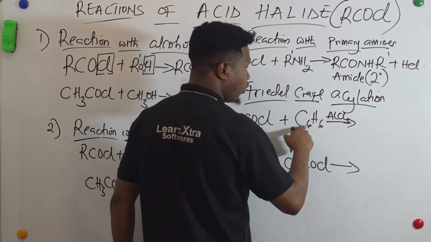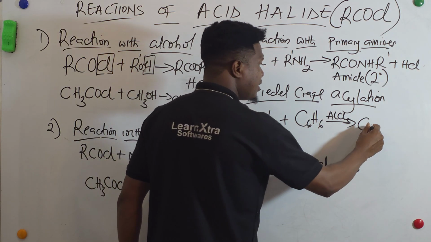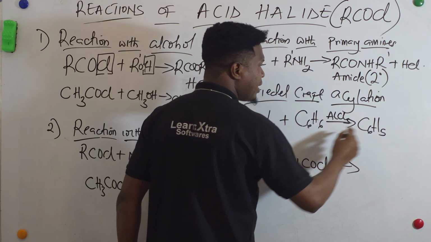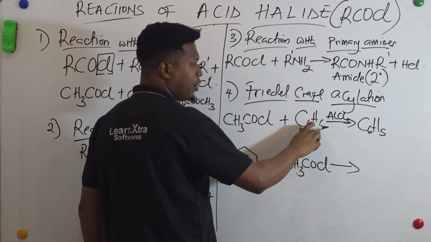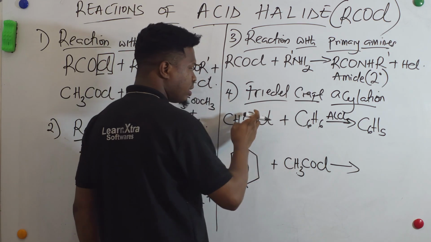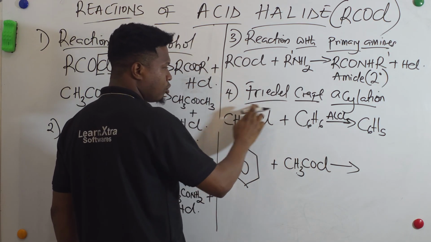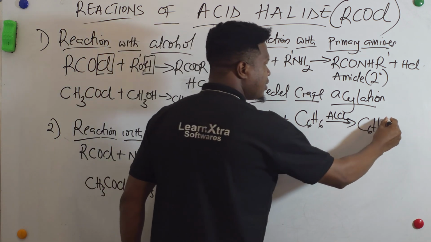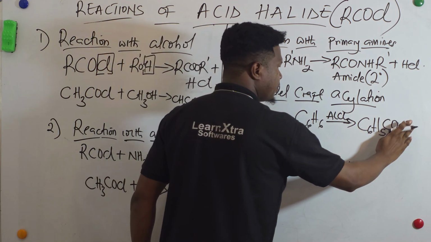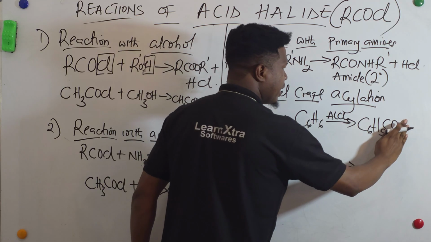So you're going to have C6H5. Why is it H5? Because one of the hydrogens here will be replaced with the acyl group, which is this group here. So we'll have CH3.